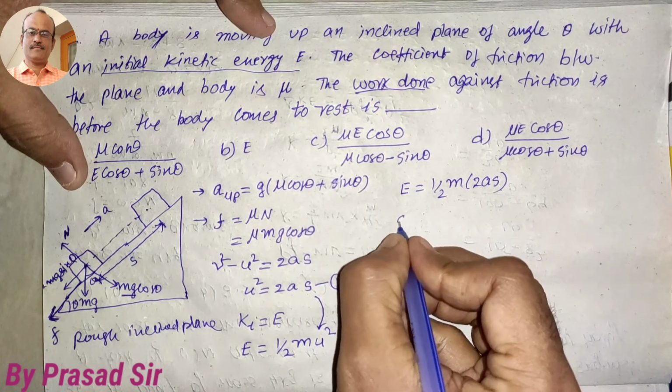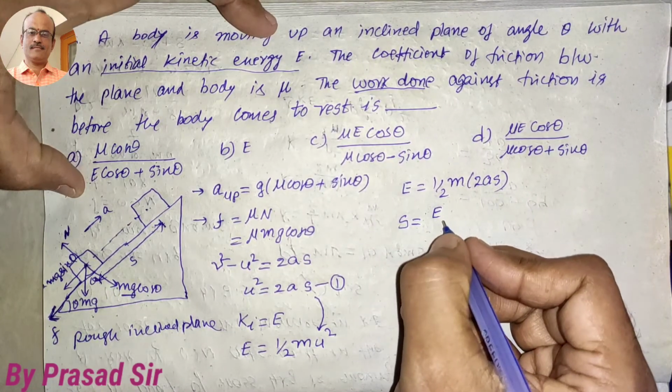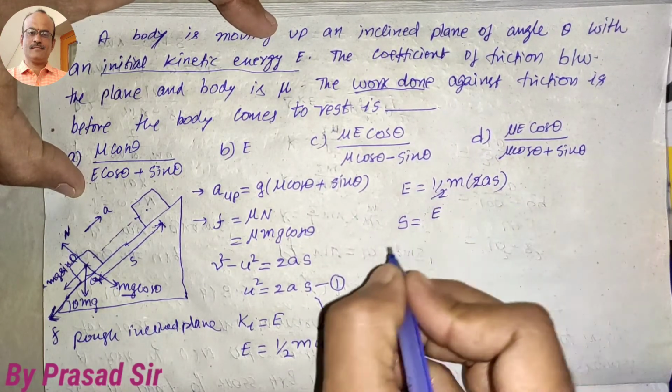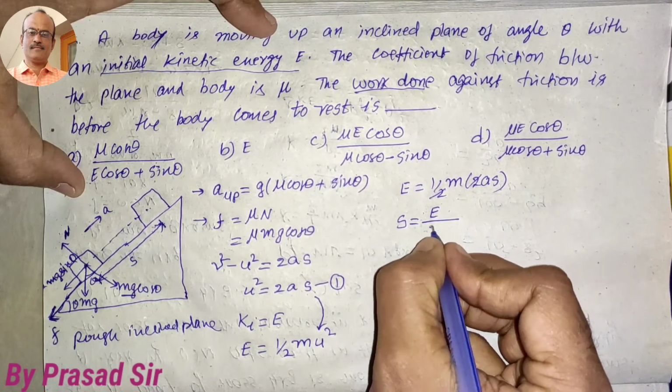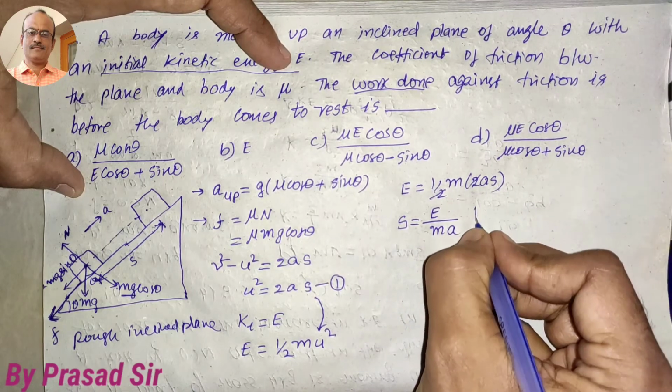So E is equal to half m into 2as. From here s is equal to, the 2 gets cancelled, E divided by m into a. What is m into a called?